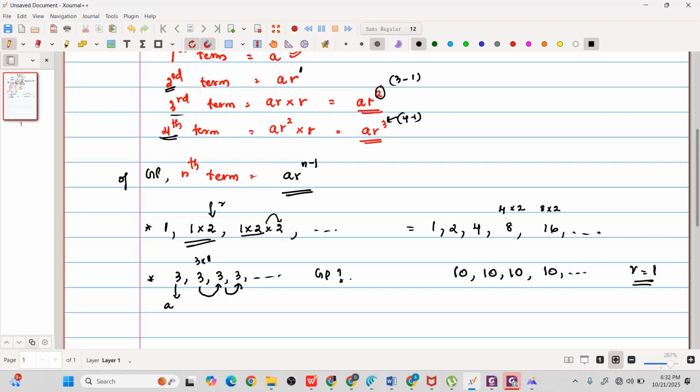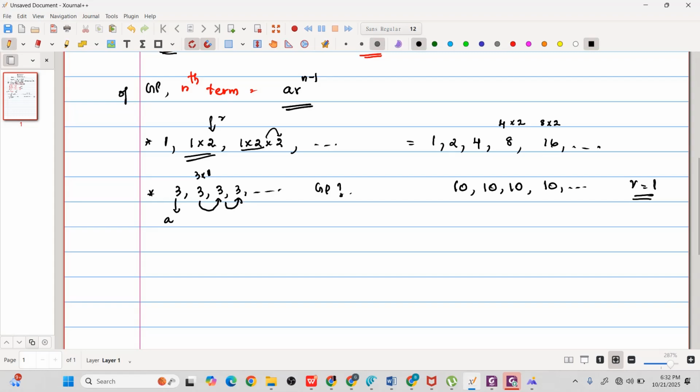Now we can consider the common ratio as a fraction. If I am taking 2 as the first term, and I am selecting the common ratio as 1 by 2, then what will be the GP? How can we find the GP?